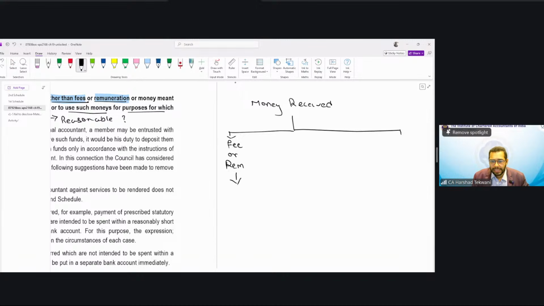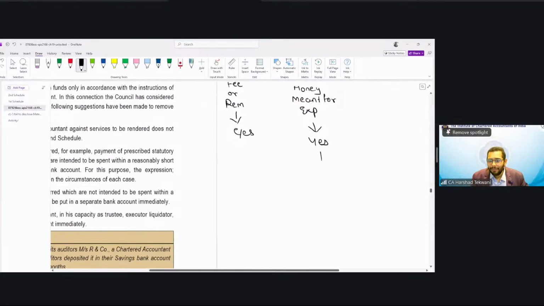If yes, fine, no problem, not at all an issue. Is it money to be expended? Money meant for expenditure? If no, then we will see. But if yes, then keep it in a separate bank account.